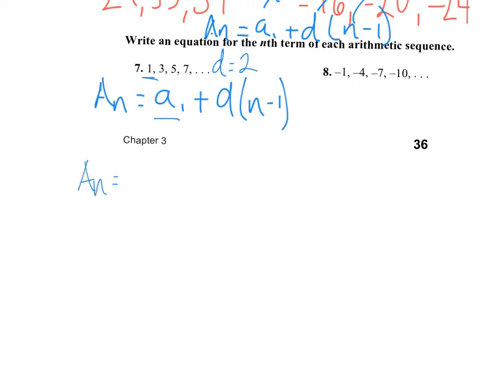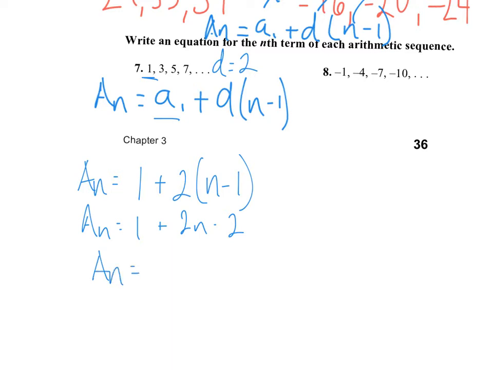The nth term is equal to the first term, 1, plus the common difference of 2 times the quantity n minus 1. All right, distributive property says this should look like 1 plus 2n minus 2. And then we can further simplify to say 2n minus 1. So here's your function or your equation for the nth term.